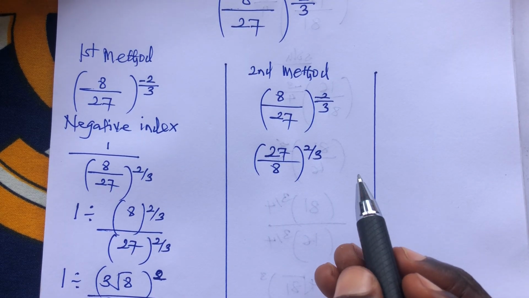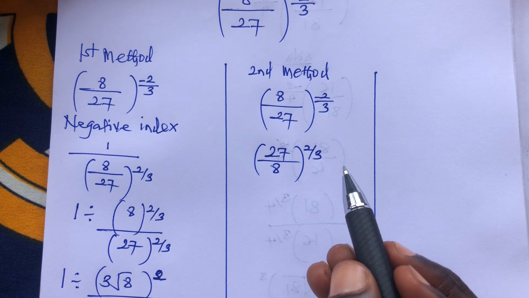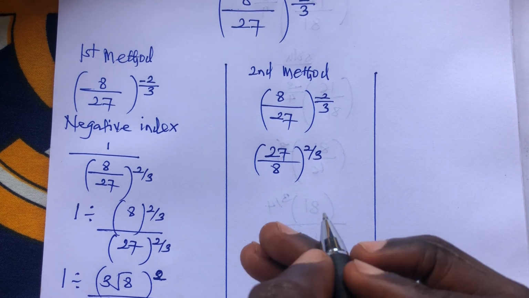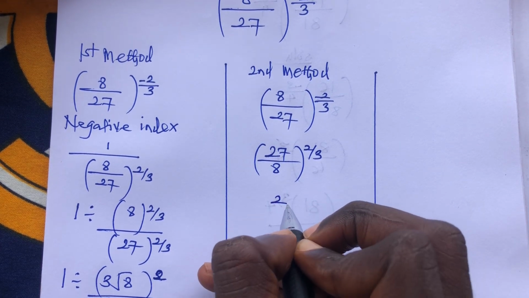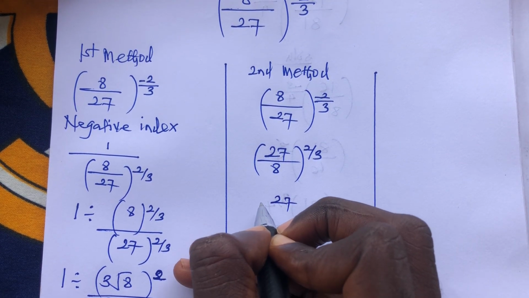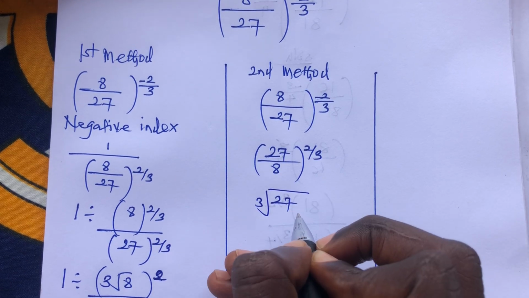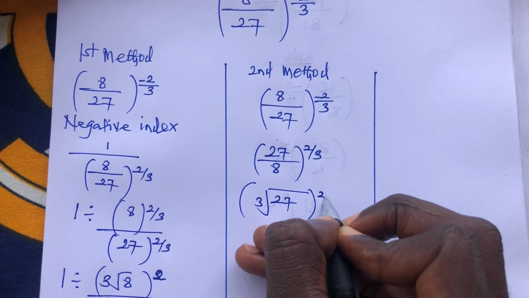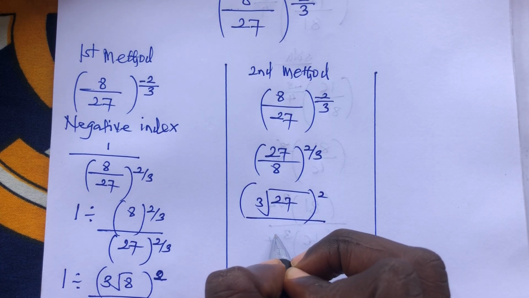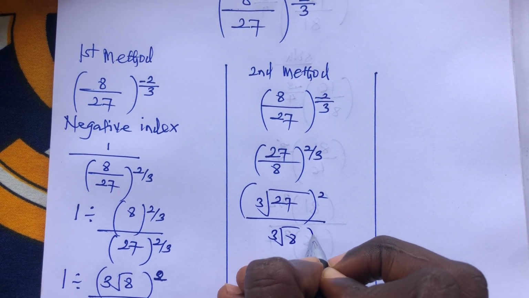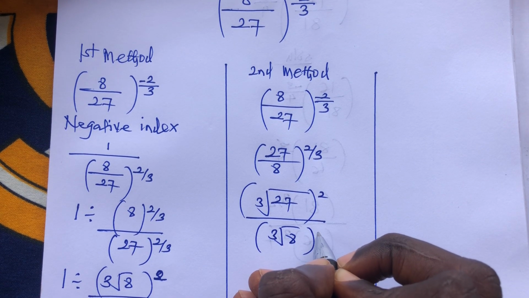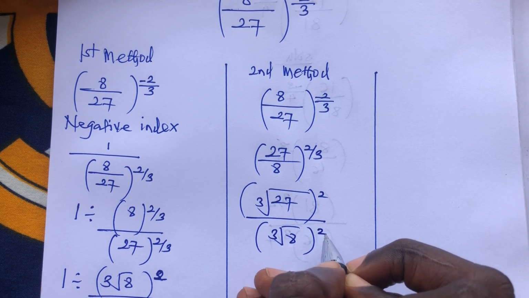Therefore, you apply the product law of indices by saying the cube root of 27 raised to the power 2 divided by the cube root of 8 raised to the power 2.